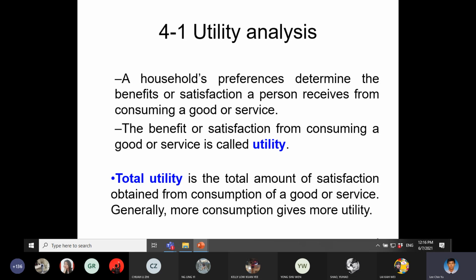But maybe most of you notice, how can we calculate utility? If we assign a number, then we can calculate. How to assign a number? It depends on the person. Otherwise, we only know that we prefer one to another, that's all.